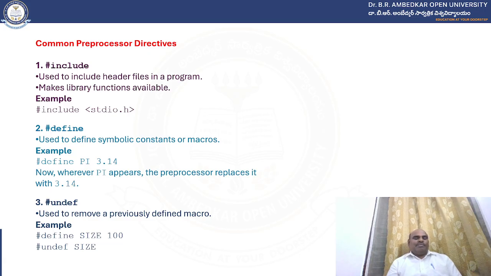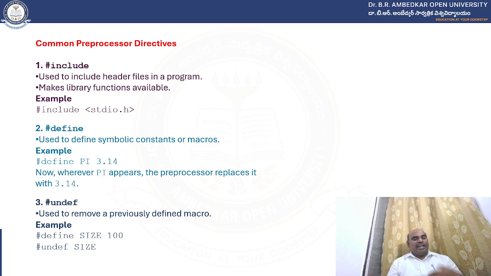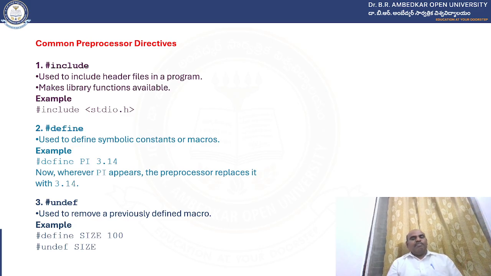The third type of directive is hash undef. Why are we using this? Use it to remove a previously defined macro.